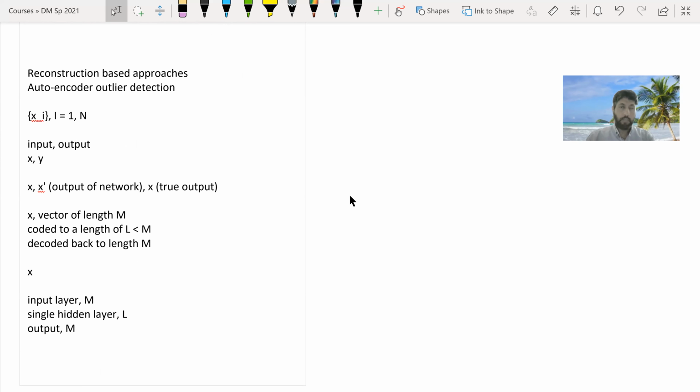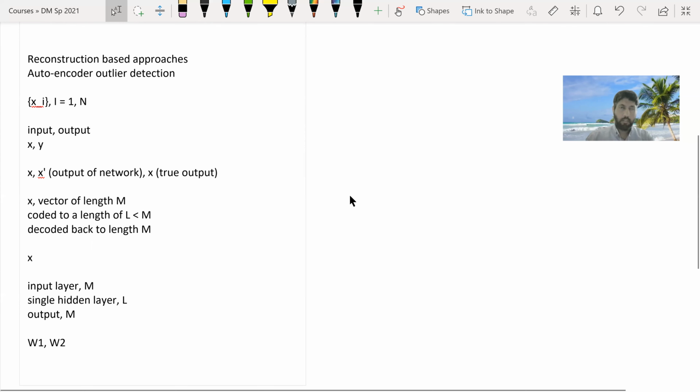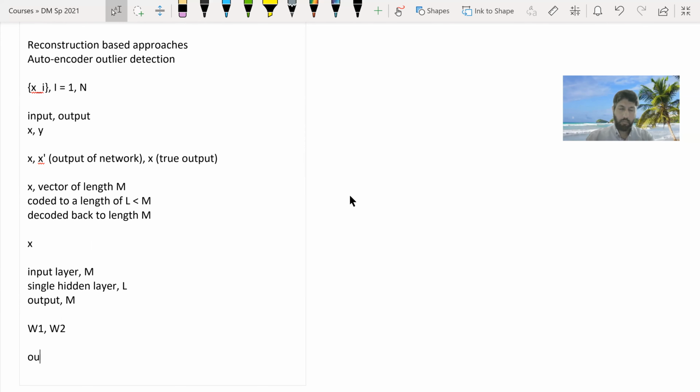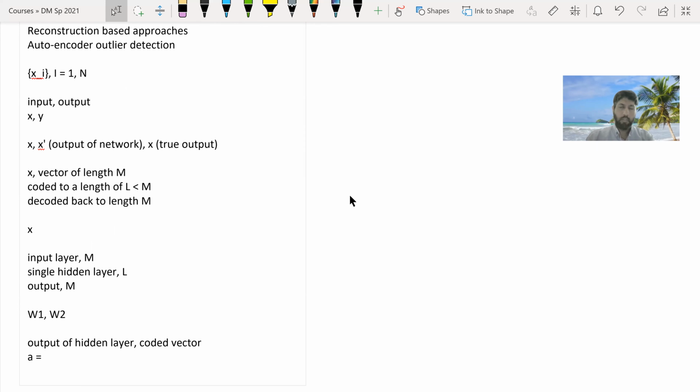So let's say the weight matrix from input to hidden is W1. I'll mention the dimension shortly. And from hidden to output is W2. Okay? So the output of the hidden layer, which is the coded vector, let's say that is A. So this A is basically some function G of W1 times X, plus there is also a bias vector, let's say that is B1.